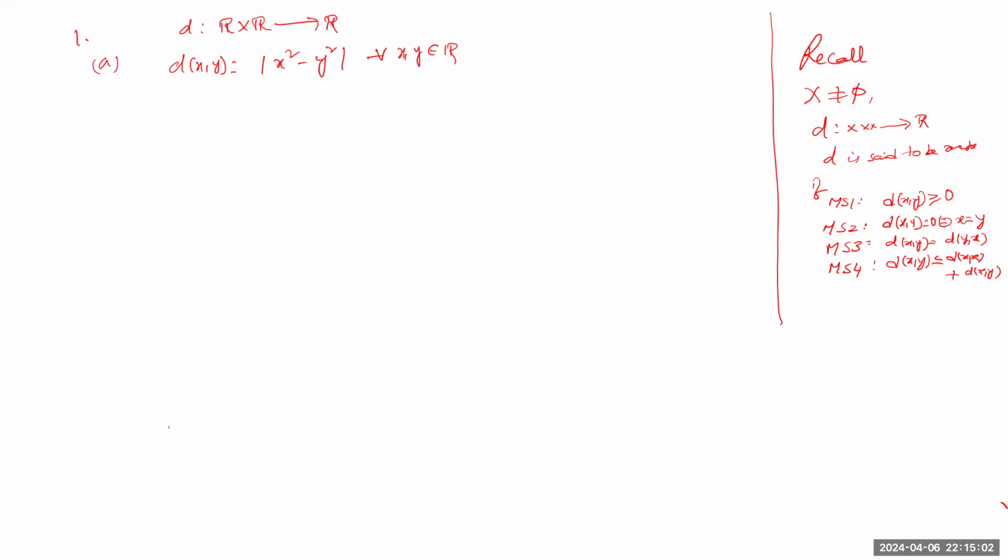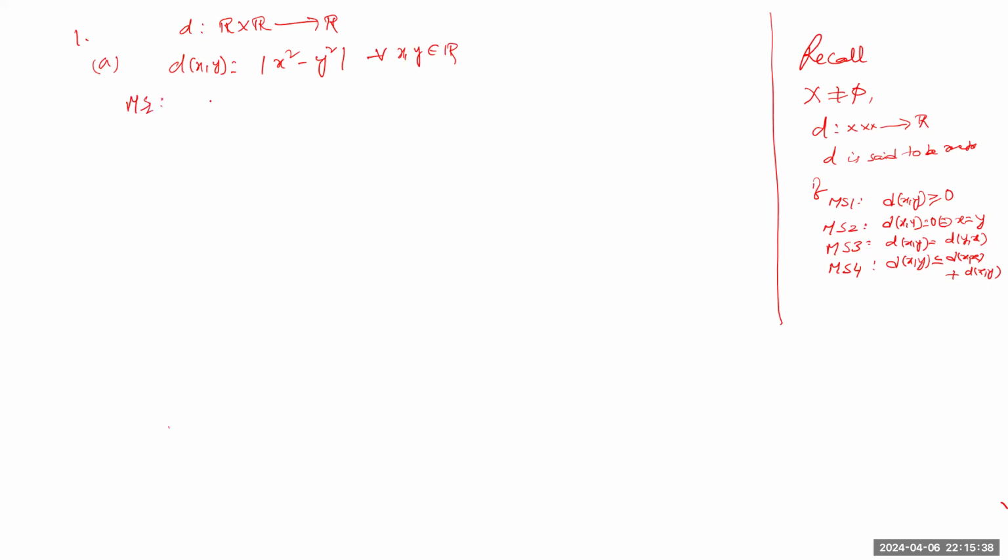Generally, there are two axioms we can emphasize to check if it is not a metric. Of course, the first axiom is obvious because the modulus is non-negative. And for the second one, we need to verify whether it satisfies the coincidence or not.